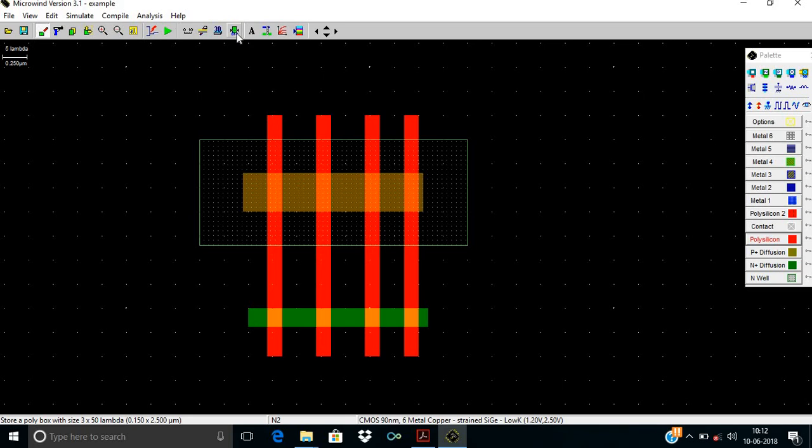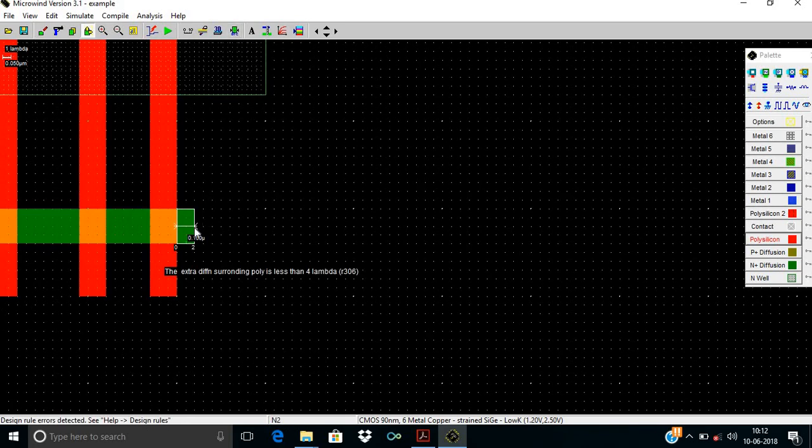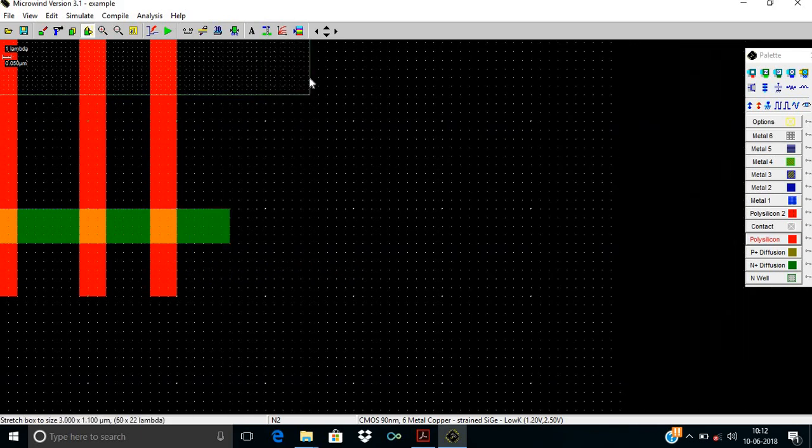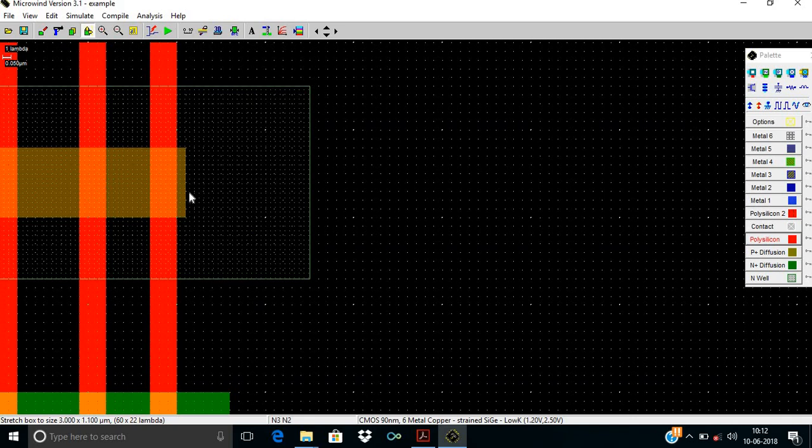Now I will increase the size of this, again increase the size of this, and increase the size of this for connections. Check the DRC.